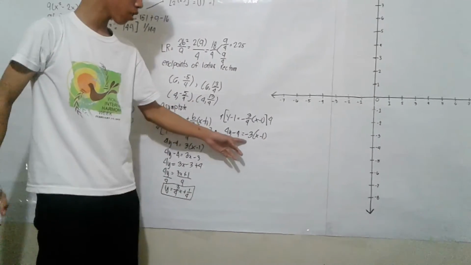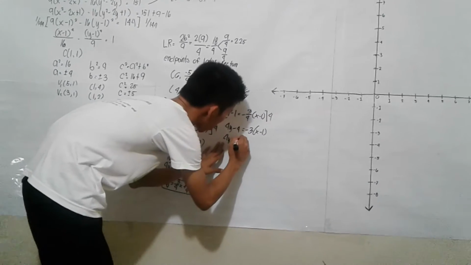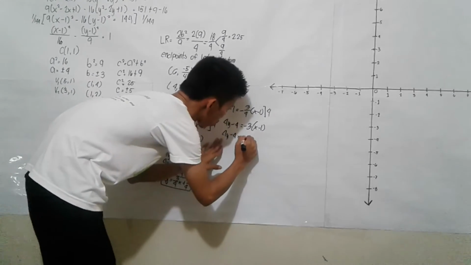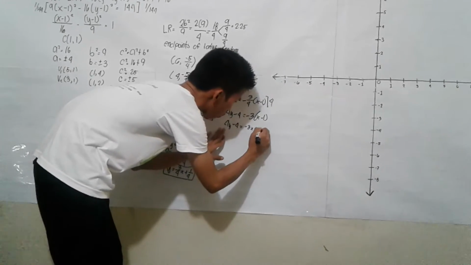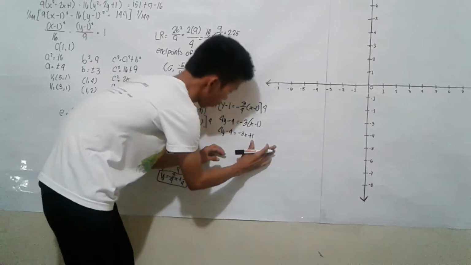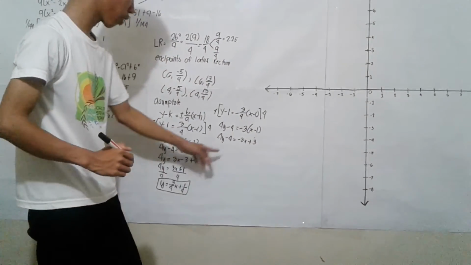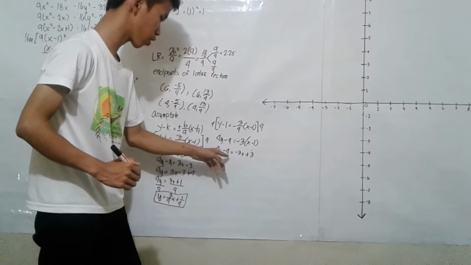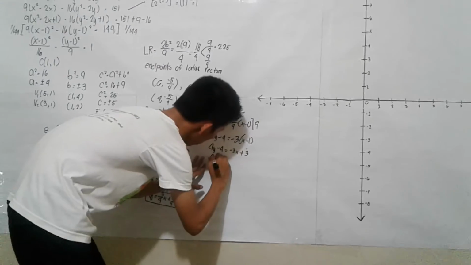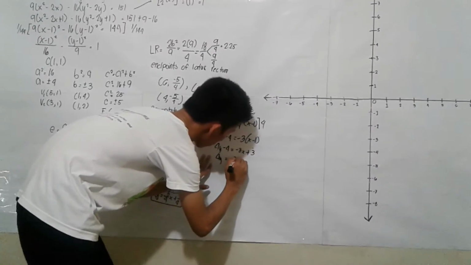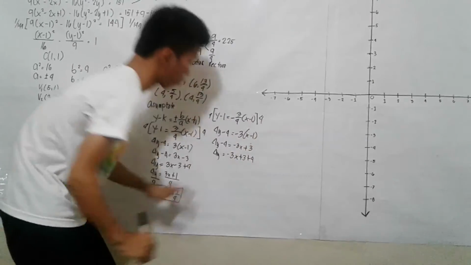So then distribute. 4y minus 4 is equal to negative 3x, it will become positive 1. I'm sorry, negative 3x, positive 3. Then transfer this negative 4 to the right side. So it will become 4y is equal to negative 3x plus 3 plus 4.